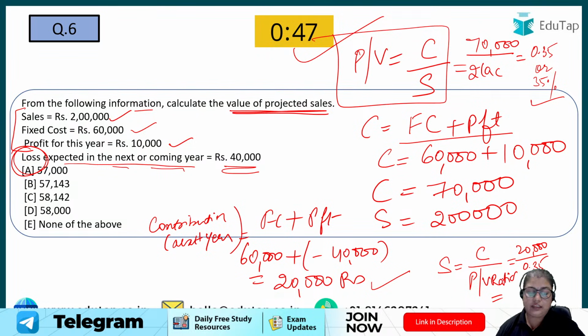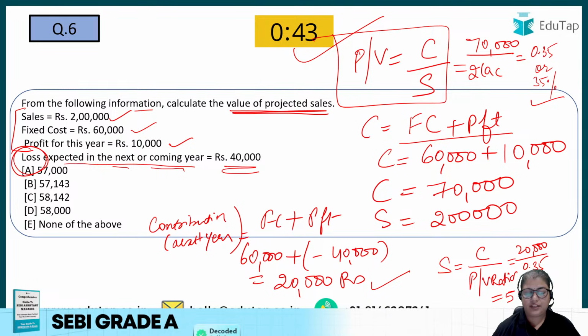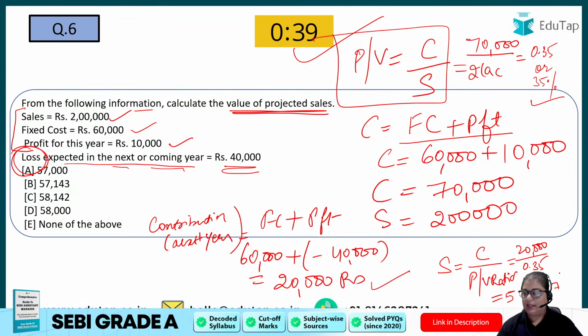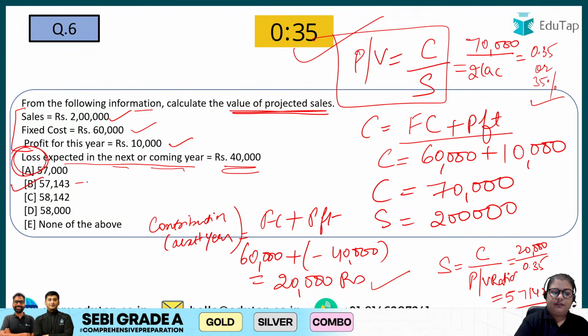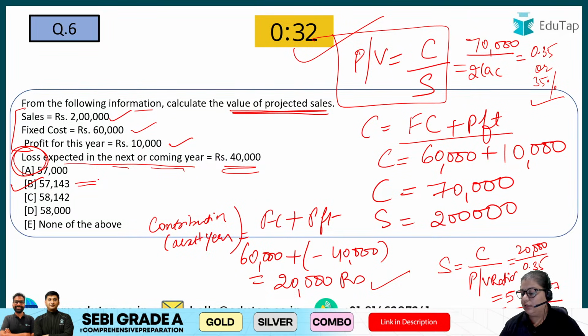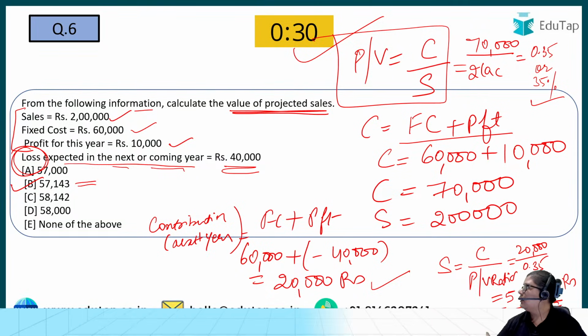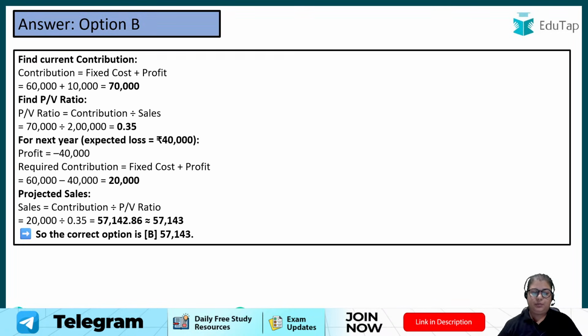Just calculate this, and you will get 57142.7 something, which is 57,143 rupees. So option B is the correct answer.